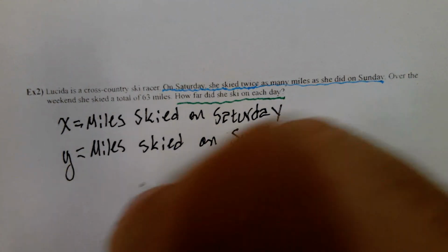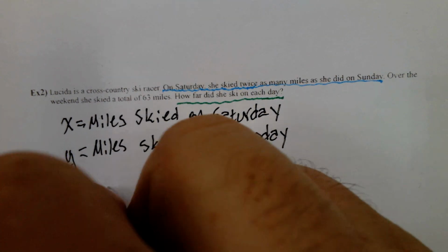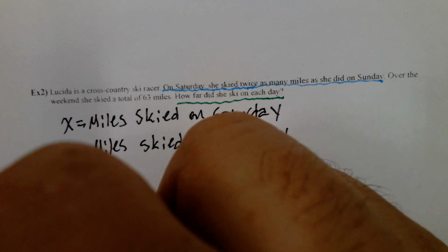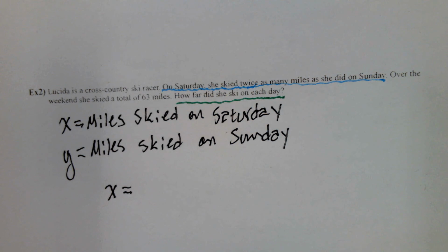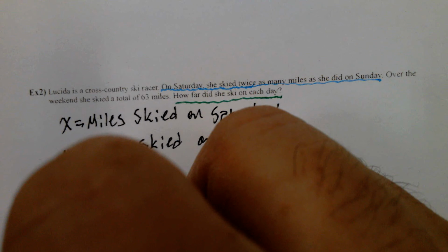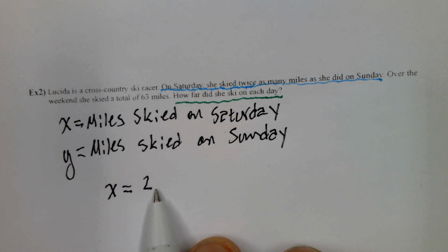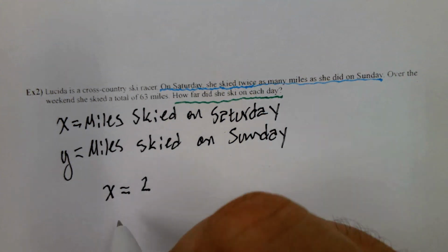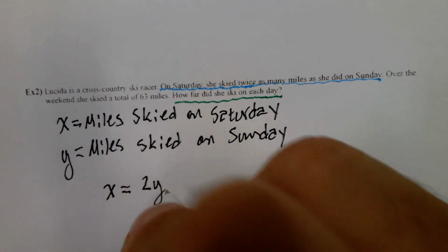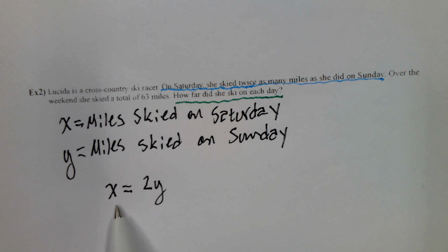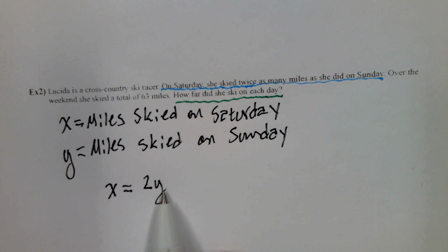So the number of miles skied on Saturday, that's X, equals, how would I write twice as many as Sunday? Twice would be multiplying. Yeah. And what are we going to multiply 2 by? And that is Y. So the number of miles skied on Saturday equals twice the number of miles skied on Sunday.